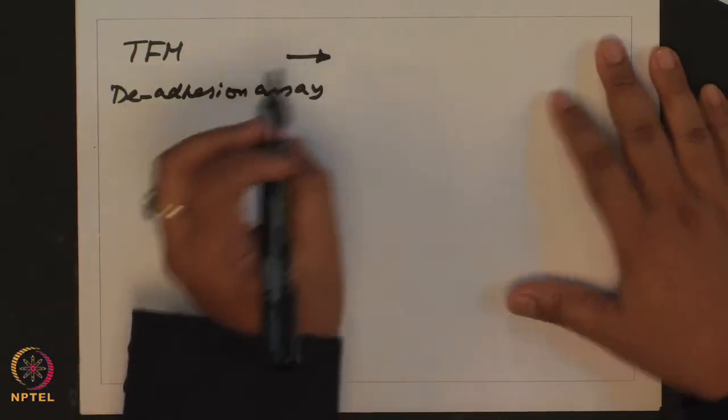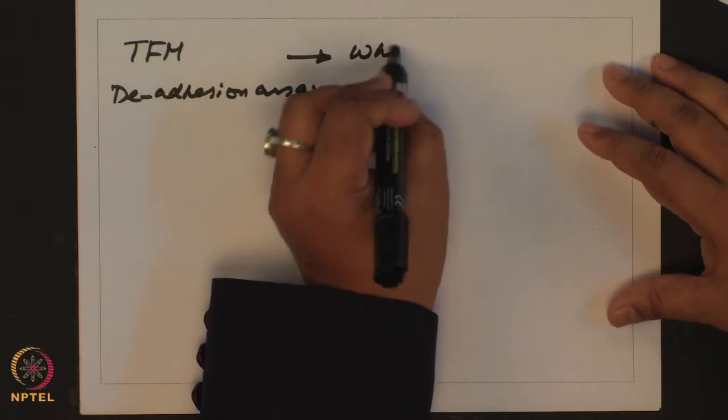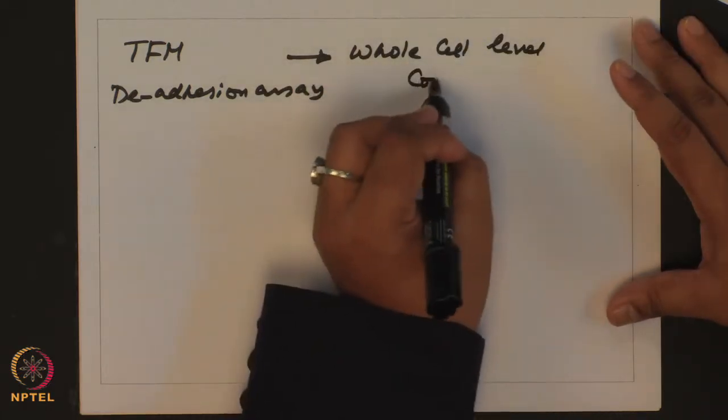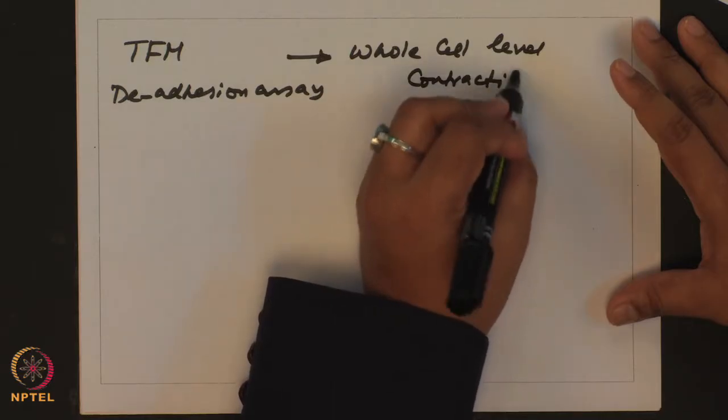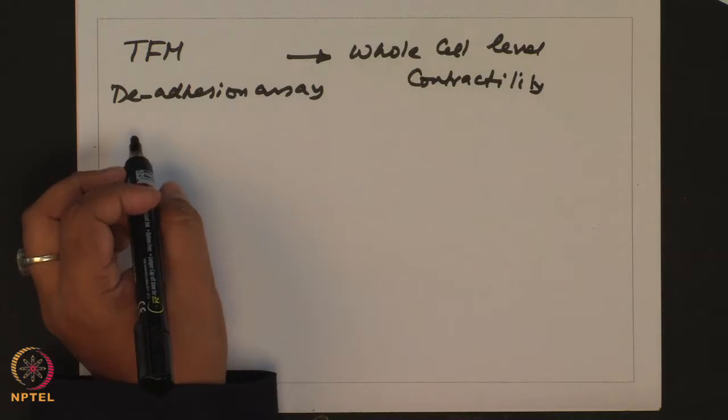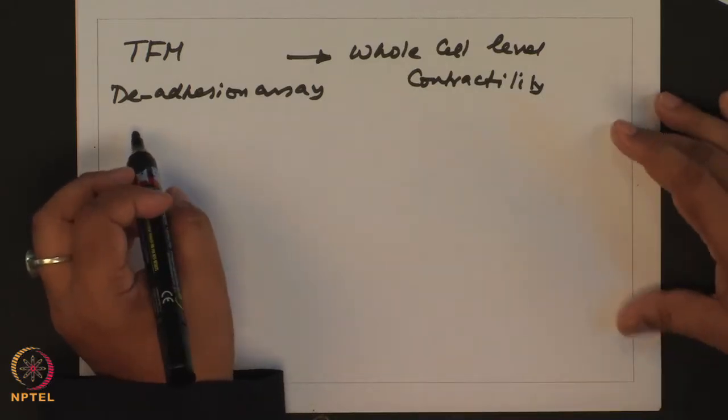So, compared to traction force, both TFM and this de-adhesion assay estimate the whole cell level contractility. Is it possible to estimate the contractility in a single stress fiber?